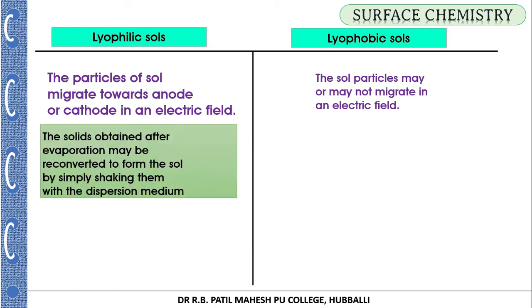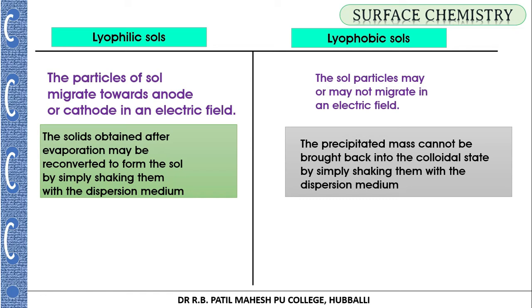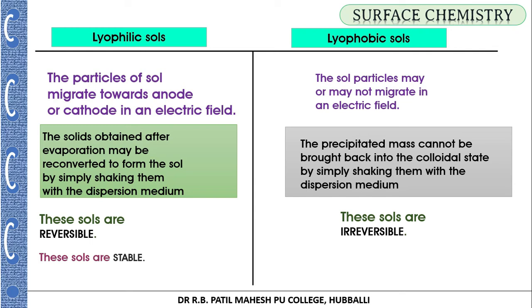So solids obtained after evaporation may be reconverted to the form of sol by simply shaking them with the dispersion medium. Hence, they are reversible in nature. Here, the precipitated mass cannot be brought back into the colloidal state by simply shaking it with the dispersion medium. So, lyophilic sols are reversible, these are irreversible. Lyophilic sols are stable, whereas lyophobic are unstable or much less stable.